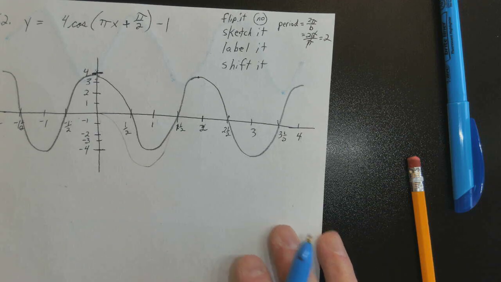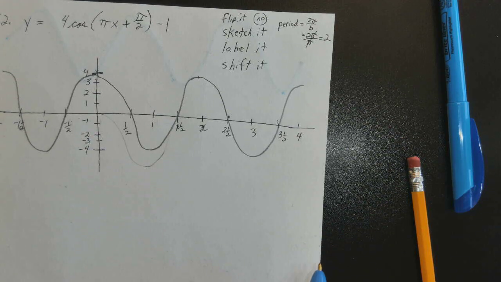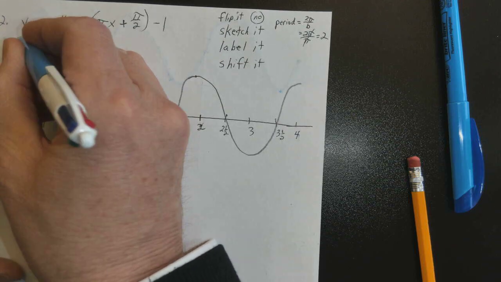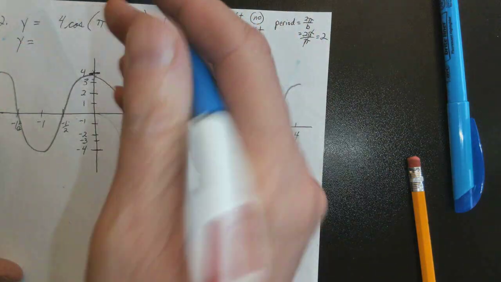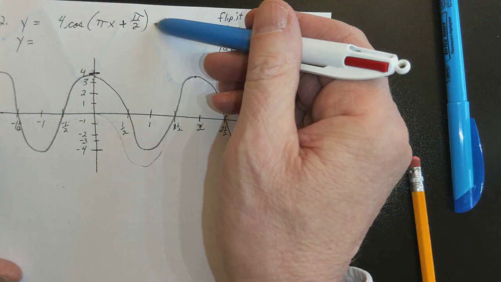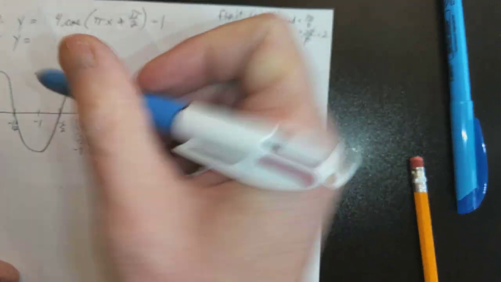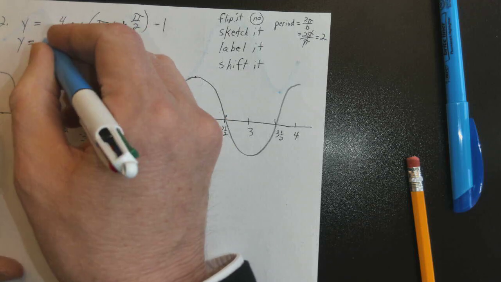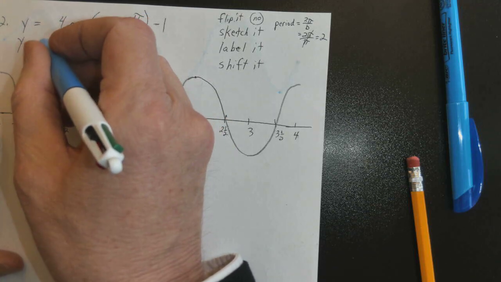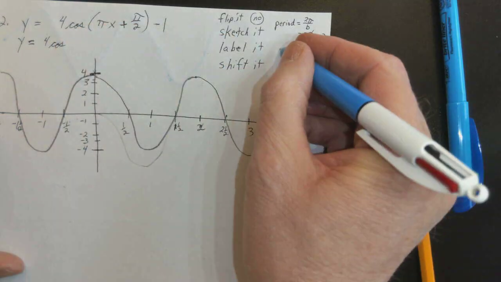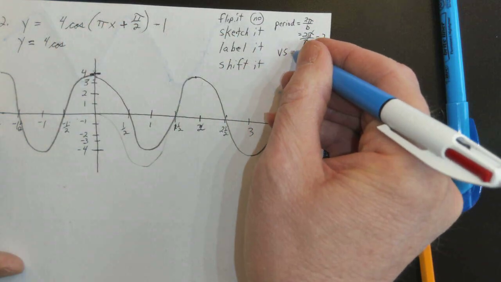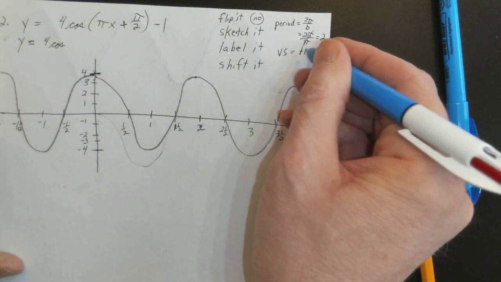Now it's time to shift. Okay. There are 2 shifts here. There's going to be a vertical shift. So we're going to lower this. We're going to go down by 1 each time. And there's going to be a phase shift. Okay, the vertical shift is -1, or 1 down.